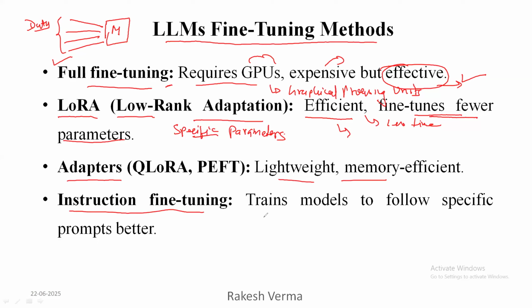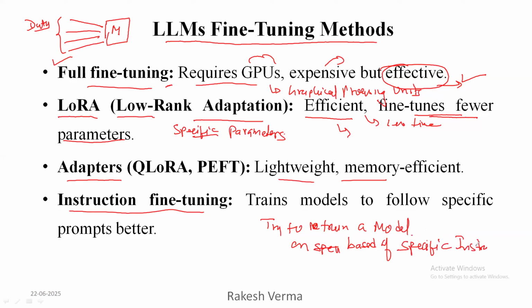It means we train a model on the basis of a specific structure. So instruction based training can also be performed to fine tune a particular LLM. Those are the different methods we can consider for fine tuning of an LLM.